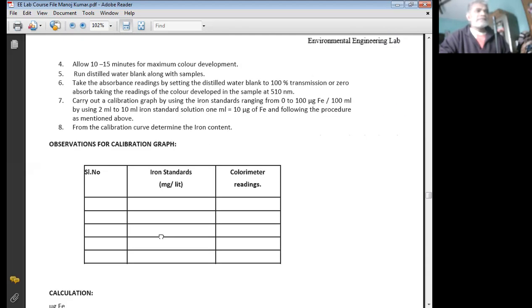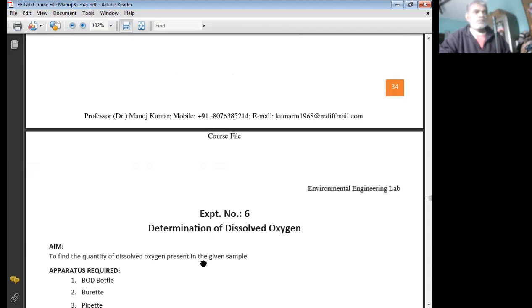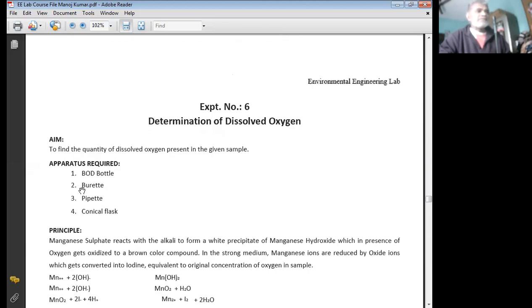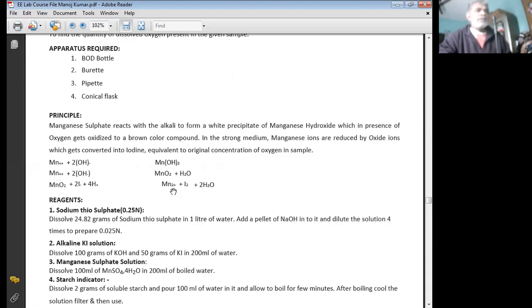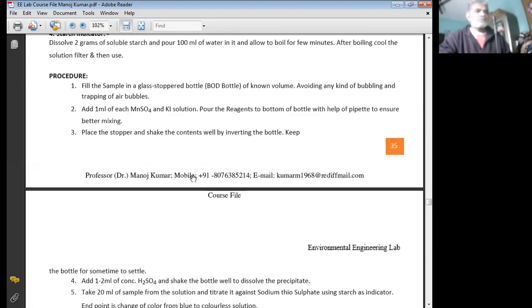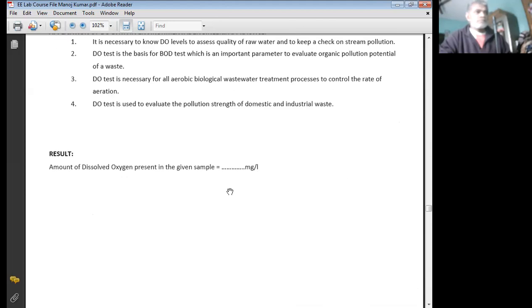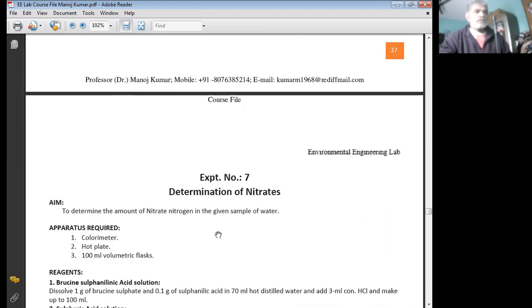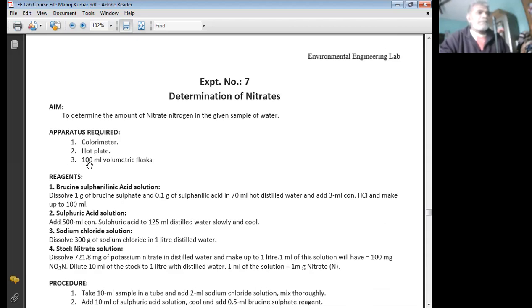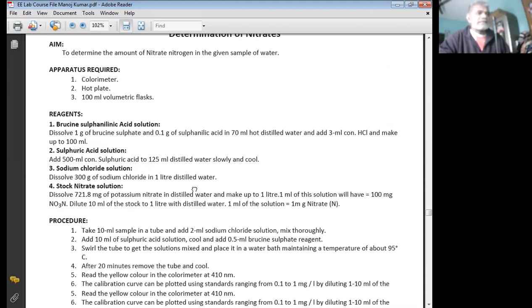These are the reagents. Determination of dissolved oxygen. Apparatus used: BOD bottle, burette, pipette, conical flask. Determination of nitrates. Apparatus used: colorimeter, hot plate, 100 ml volumetric flask.